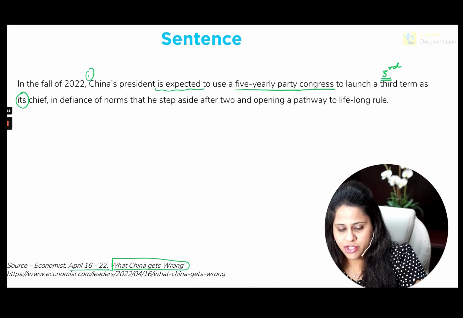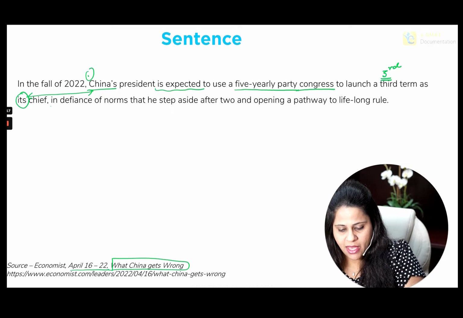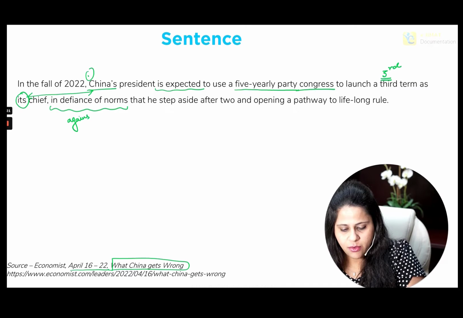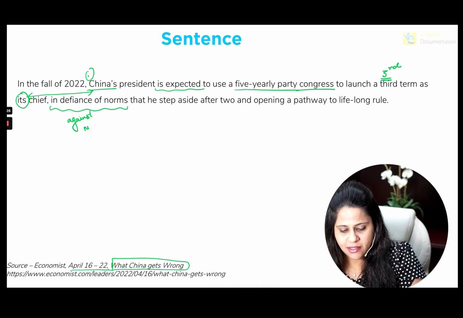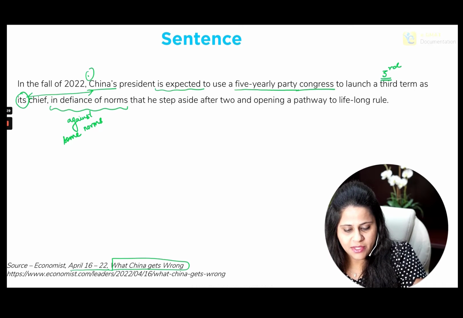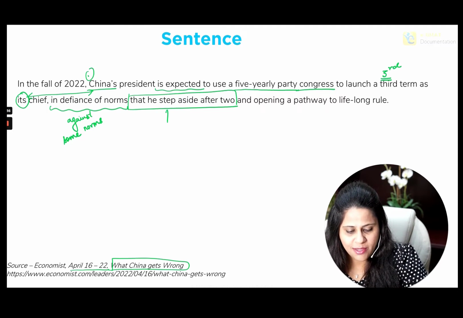It's whose chief? China's chief, right? "In defiance of norms." In defiance of norms means that this action to launch a third term as China's chief is against certain norms. What kind of norms? Norms that he step aside after two terms. What is typically accepted?